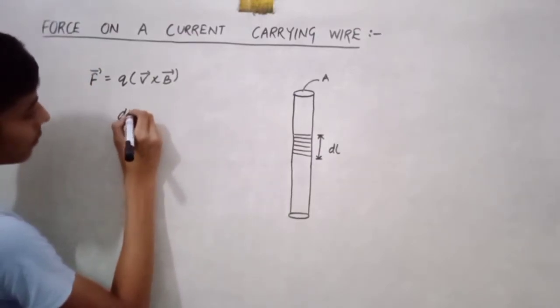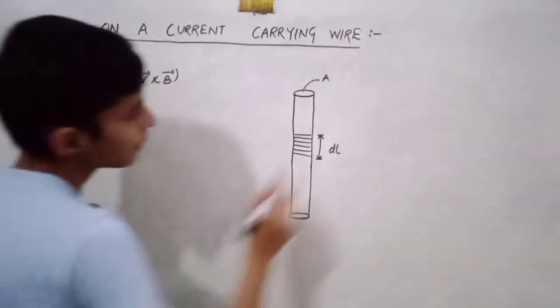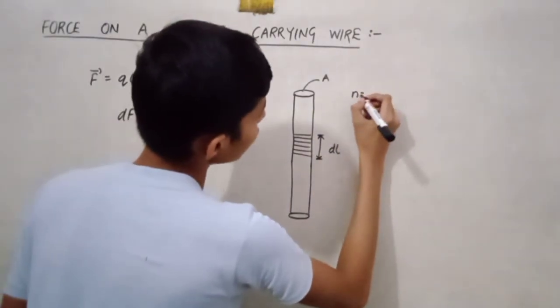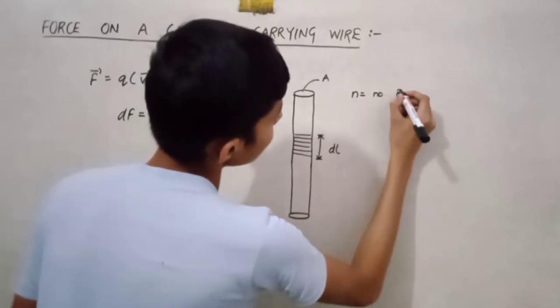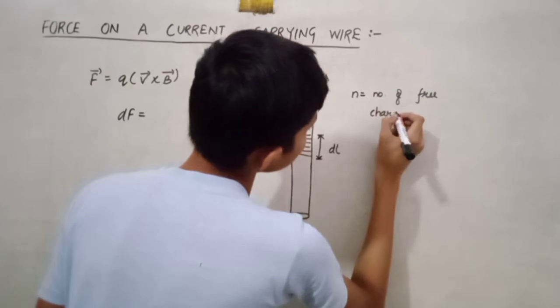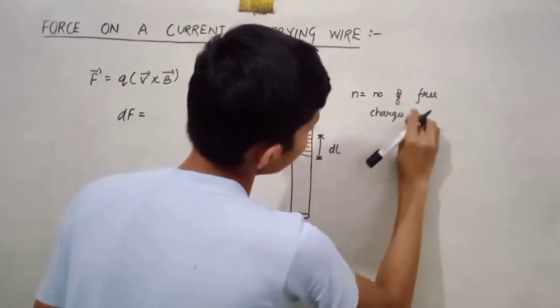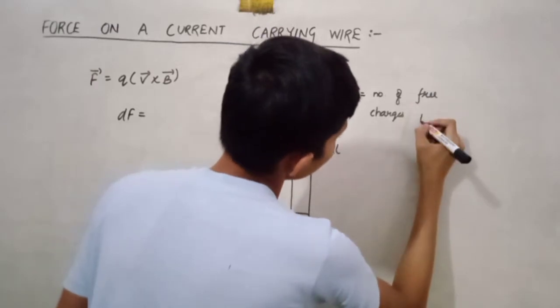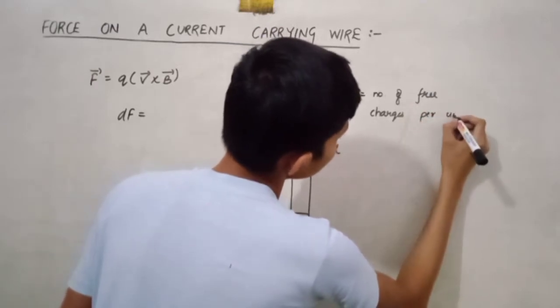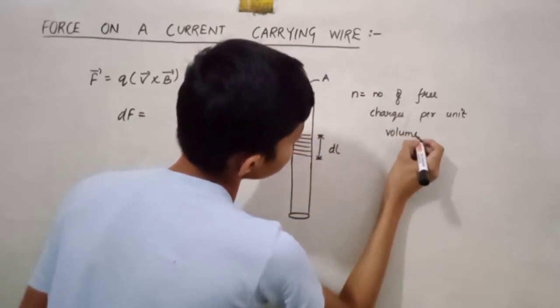So dF equals to, and here n equals the number of free charges per unit volume.